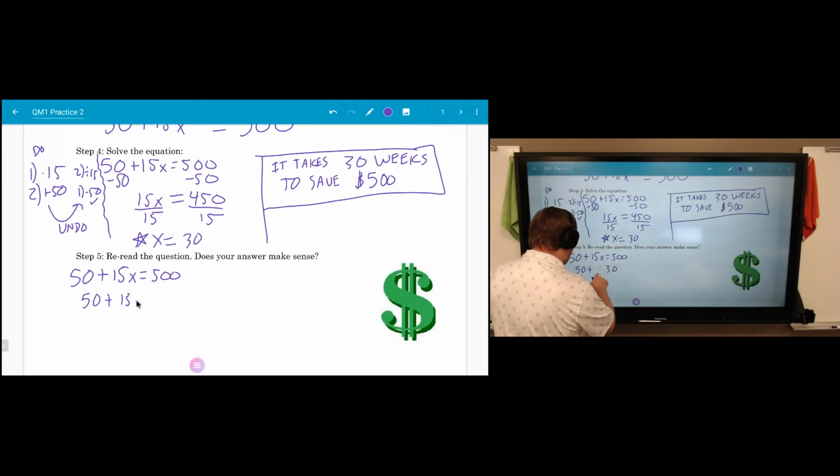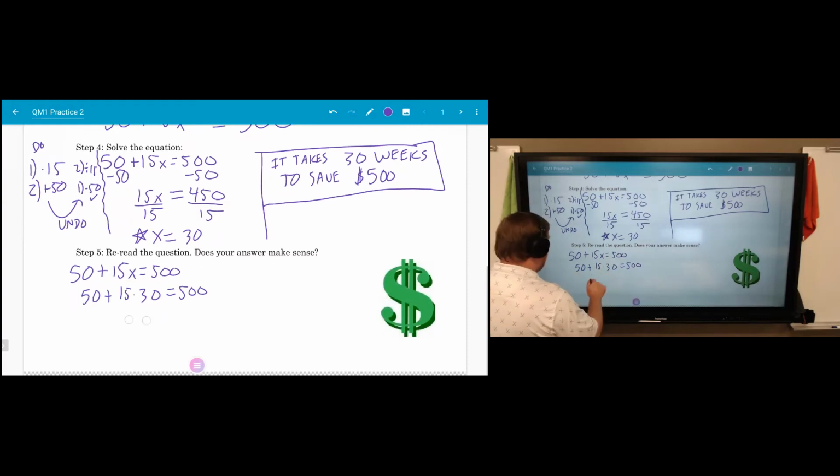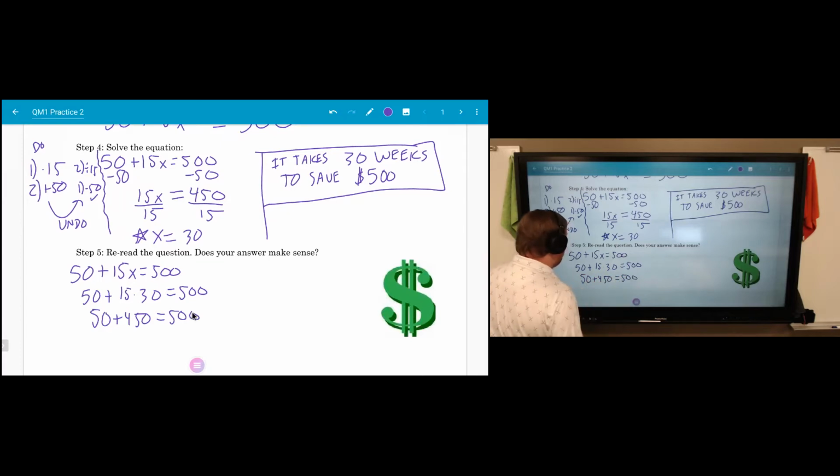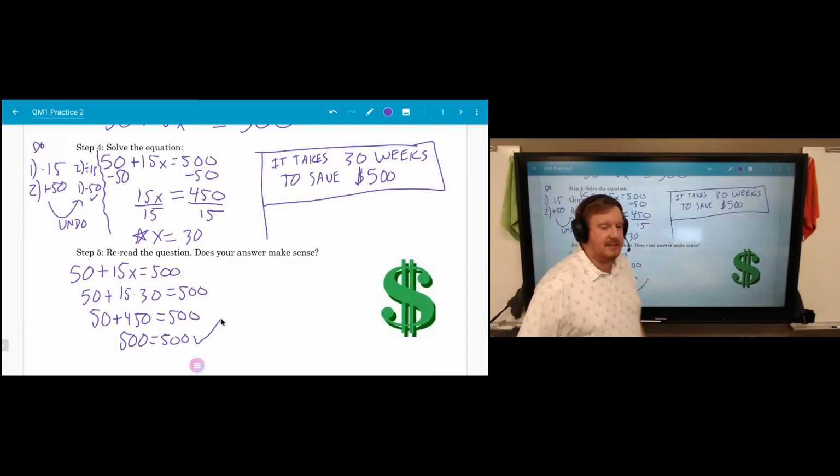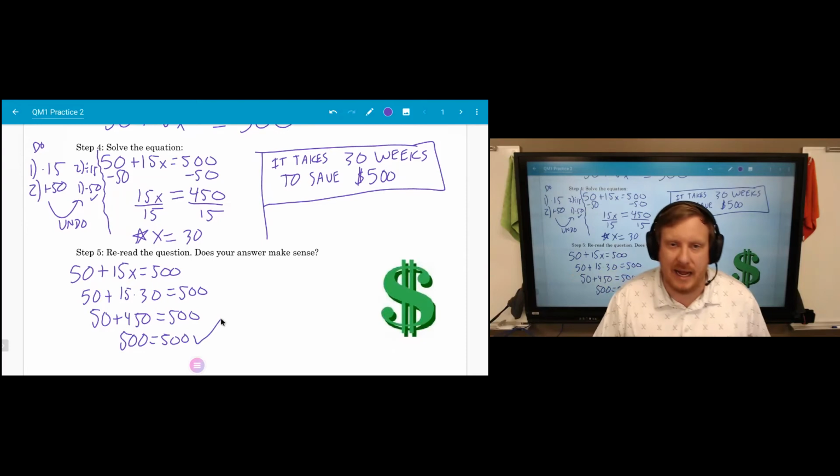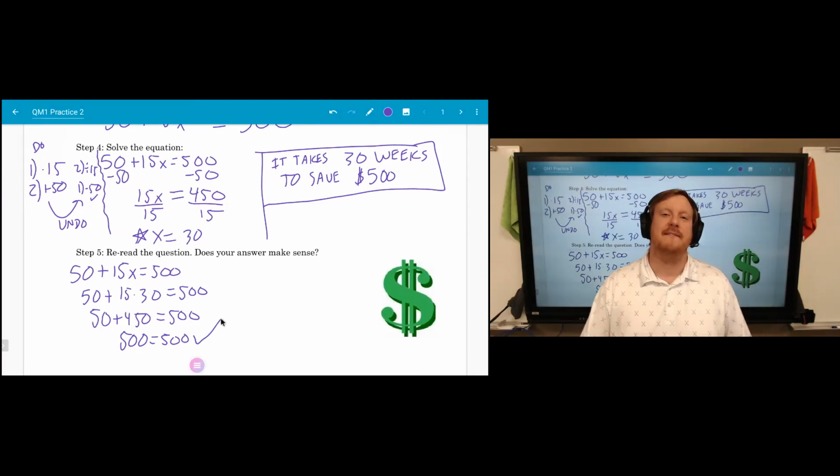Does that equal 500? Well, let's see. 15 times 30, I do believe, is 450. 50 plus 450, does 500 equal 500? It sure does. And the answer makes sense in the context that we are given.